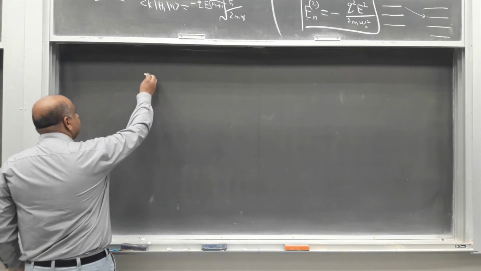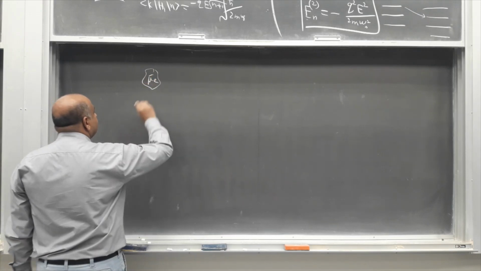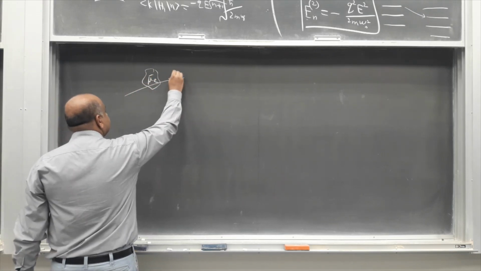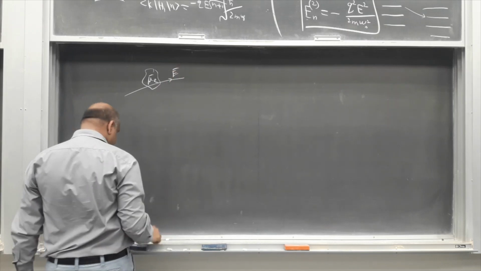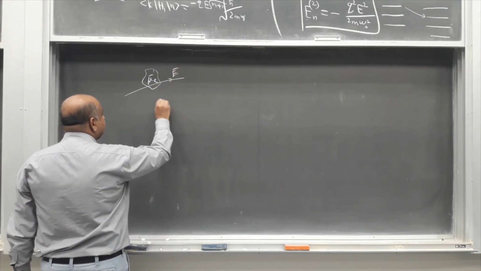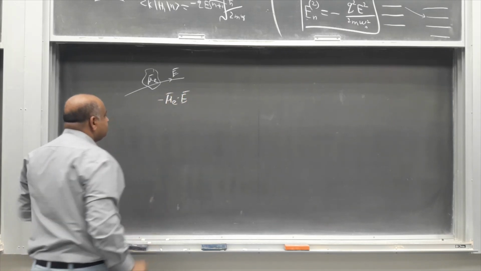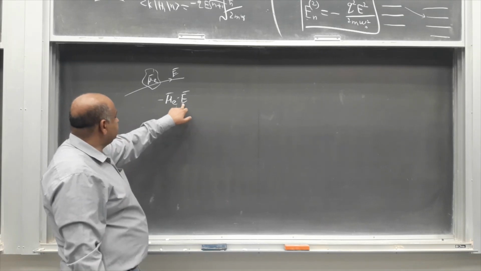For example, if you have something which is an electric dipole, and if you apply an external electric field, then the energy of this dipole is minus mu dot E, which, as you can see, is proportional to the electric field.